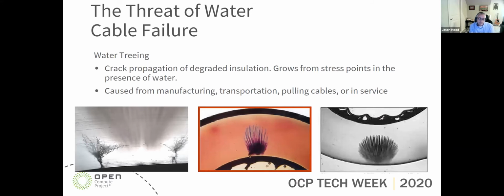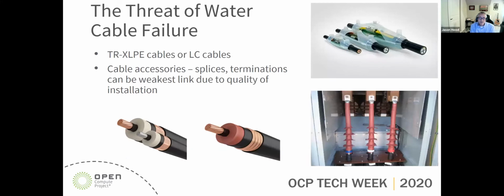One of the long-term effects can potentially be water treeing of the cable. This is actually a degradation of the insulation material on the cable itself. This doesn't usually happen short term, but it can be caused by a lot of things: manufacturing impurities and defects, transportation, just pulling the cables, heat in the system, or degradation of the insulation while in service. So that can be a threat long term. There are things you can do to minimize this.